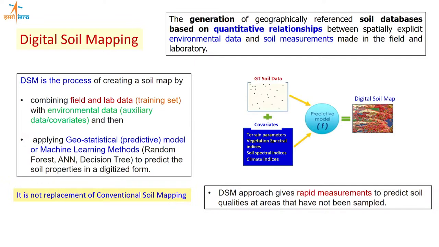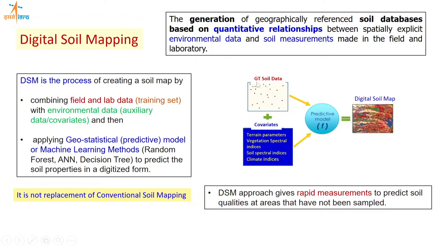Then the second approach, which today we are largely using, is the digital soil mapping approach. Digital soil mapping is basically establishing a quantitative relationship between environmental data, meaning your terrain and spectral indices, and soil measurements or soil characteristics.